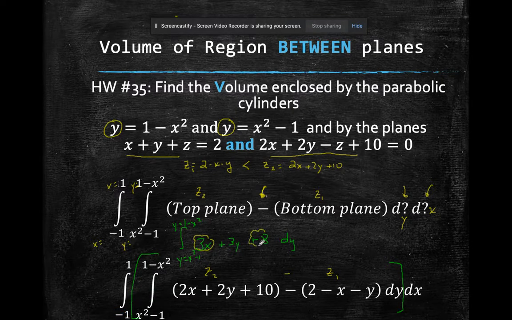Constant, constant. So I'm going to get 3xy plus 3 halves y squared plus 8y. And for each one of those y's, I'm going to plug in x squared minus 1 and 1 minus x squared.